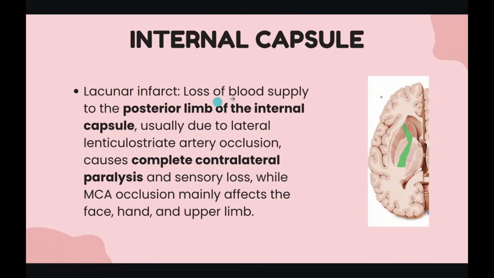So basically it's loss of blood supply to the posterior limb of the internal capsule, because it is the part supplied by the lenticulostriate arteries, and it's usually due to an occlusion there. It causes complete contralateral paralysis and sensory loss, while middle cerebral artery occlusion mainly affects the face, hand, and upper limb. Right? So it's important to differentiate.